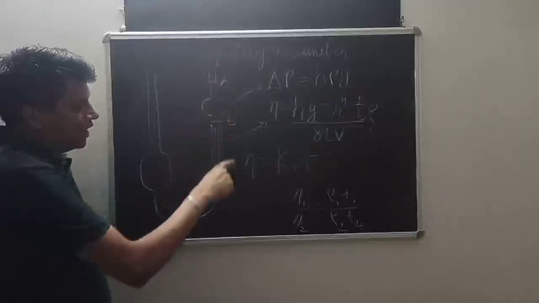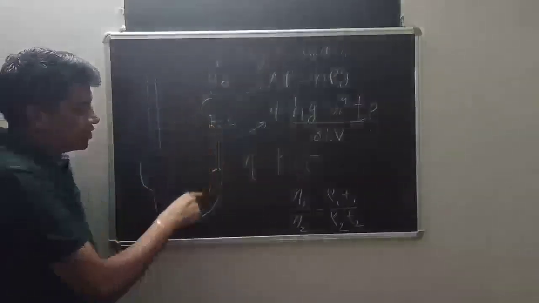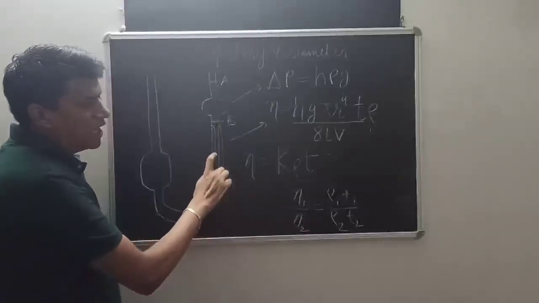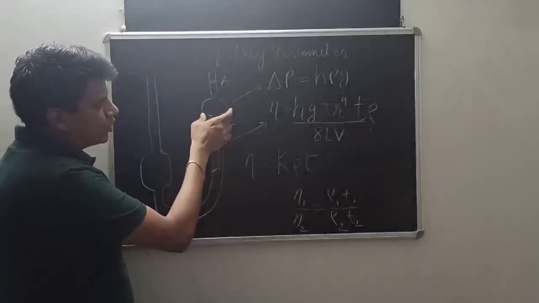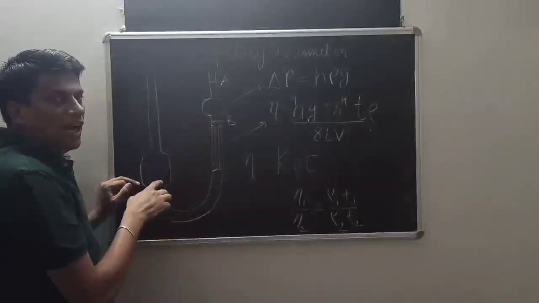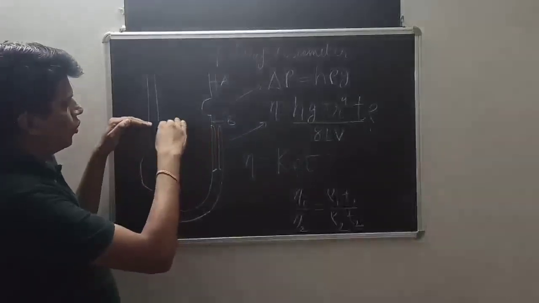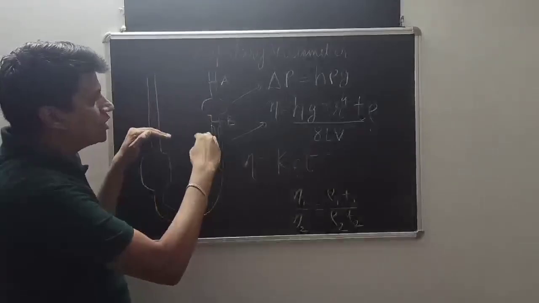Now what is happening in the Ostwald viscometer? The Ostwald viscometer consists of a U-tube with a capillary embedded in one arm. If you see, there is a shorter bulb here and a larger bulb here. The shorter and larger bulbs are so that the liquid levels never match.